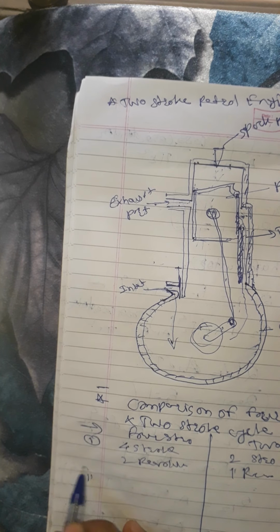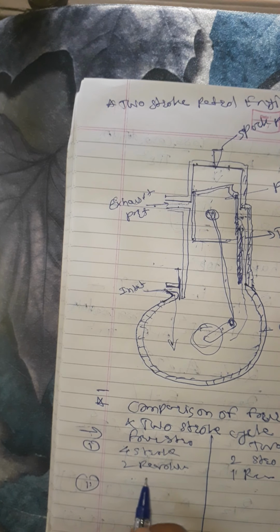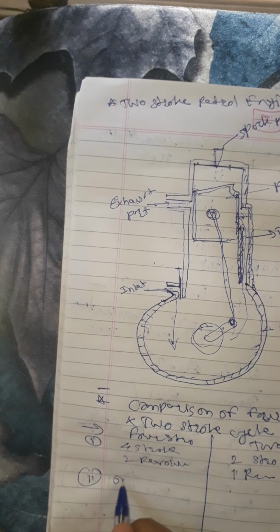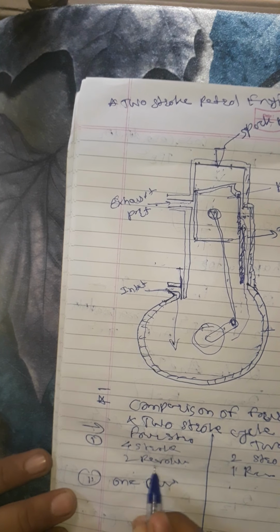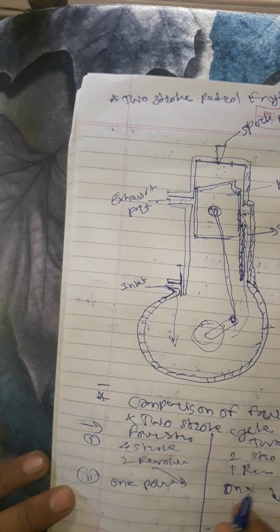Next point, 1 power stroke in 2 revolutions of the crankshaft in the 4-stroke, and 1 power stroke in 1 revolution in the 2-stroke.